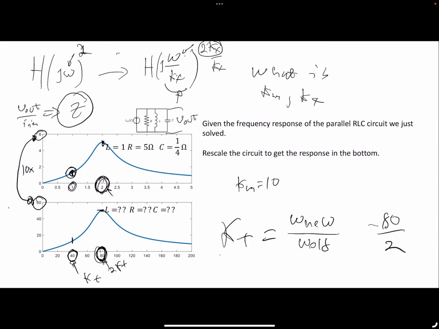Okay, now that we know all these things, what do we have to do to the inductance? Yeah, so we multiply by 10 and divide by 40, and so we're going to get 1 over 4. The resistance, we just multiply by 10, so we're going to get 50. And the capacitance, we divide by both 10 and 40, and so we're going to get 1 over 1600. That's it.